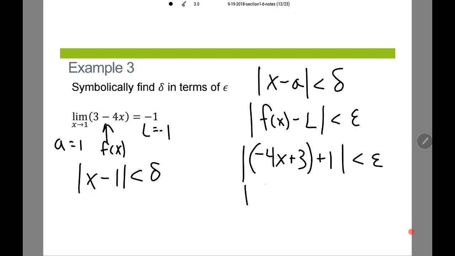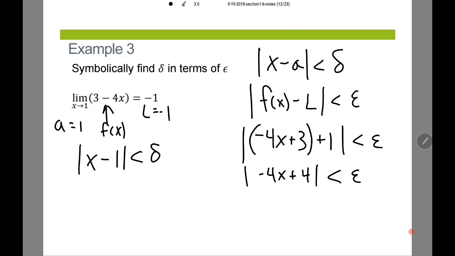If I add 1 and 3, I get |-4x plus 4|, and hopefully you can see if I factor out a -4, it would leave me with x minus 1. However, I'm doing the absolute value of that, so I can just write a 4 out here.